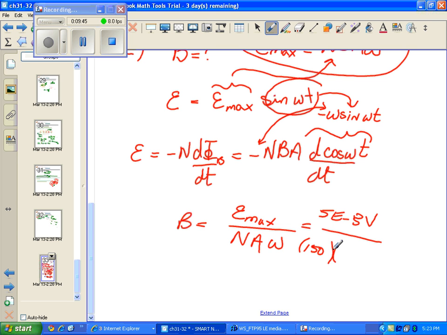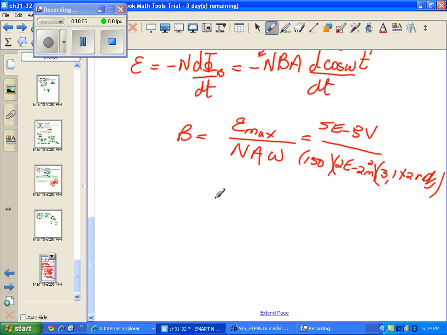A was given to us as 2e to the minus 2 meters, and that was already squared for us. The omega, which we calculated, was 3,142 radians per second. When we multiply it all out, we get a value of B, which is 5.31 e to the minus 7 Tesla.